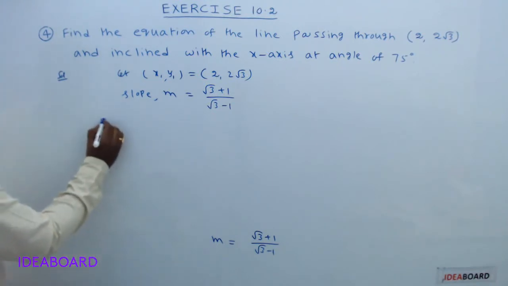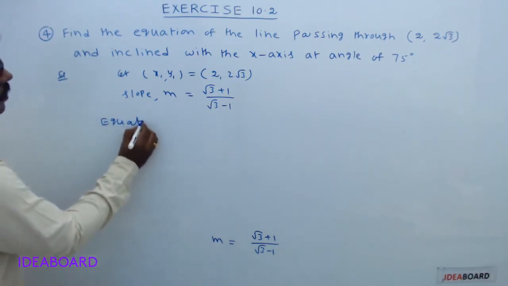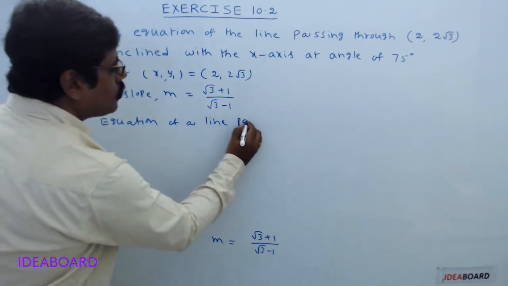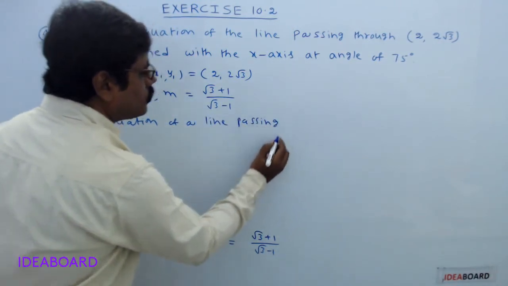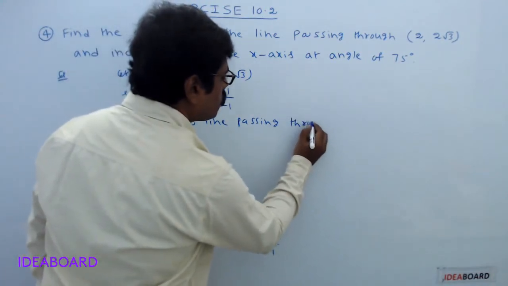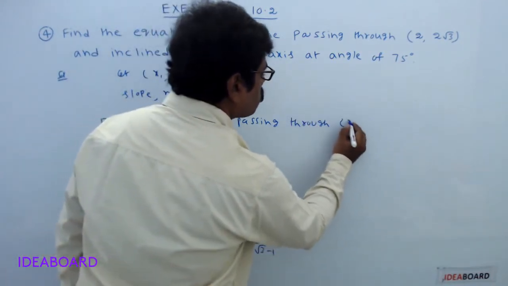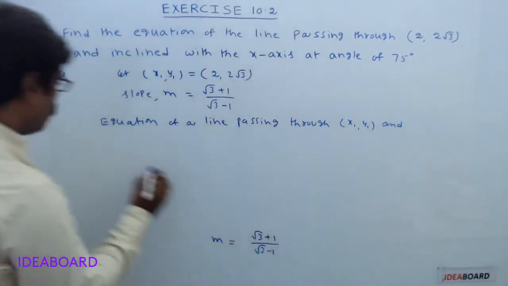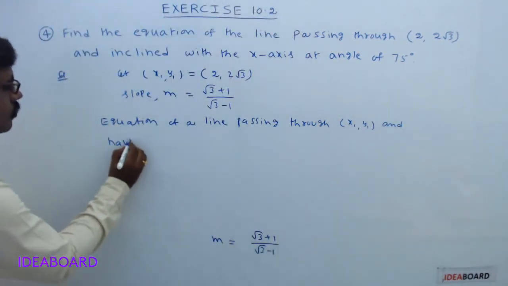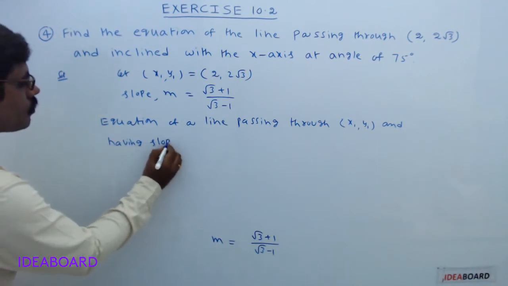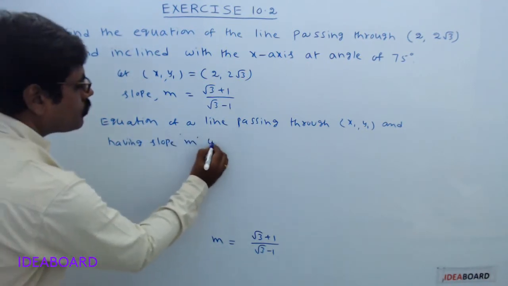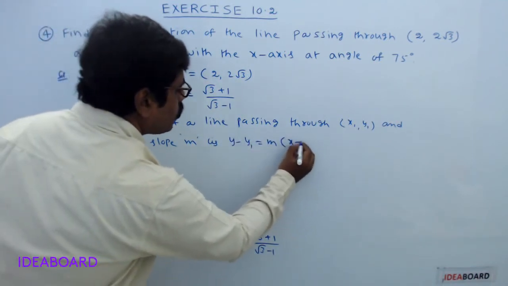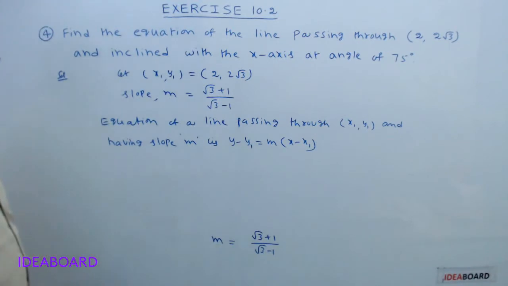So therefore the equation of a line passing through (x1, y1) and having slope m is y minus y1 equals m into (x minus x1).